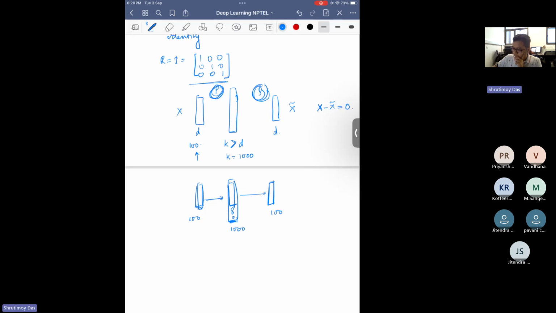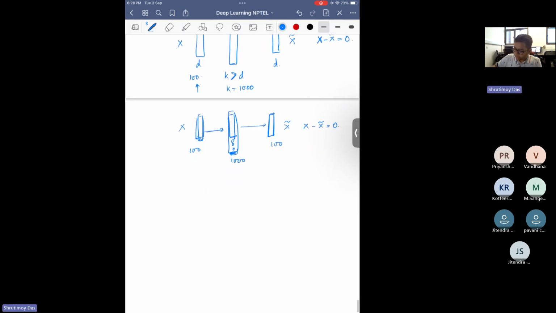Again, if k is greater than d, you will face the same issues. You will memorize the data set exactly and get a zero reconstruction error, but you will not be able to learn the most important features. That is why we say that k is less than d.